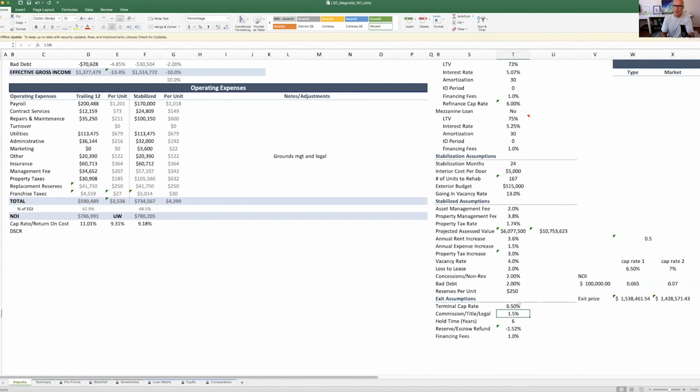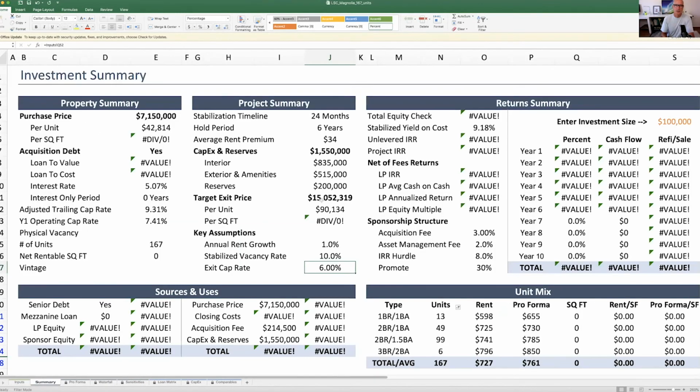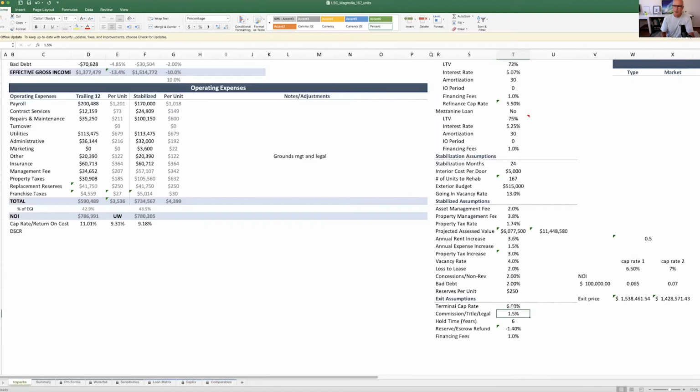Let's say cap rates even compress to 6.0. Again, a $2 million increase from what we're projecting. But we don't want to do that, of course, because the number one rule is to never lose people's money, right? So we remain conservative and we build in a high terminal cap rate so that we preserve investor capital. If I can stop sharing here.